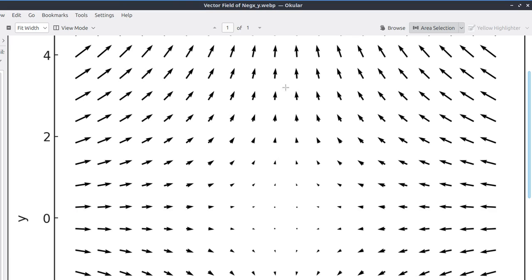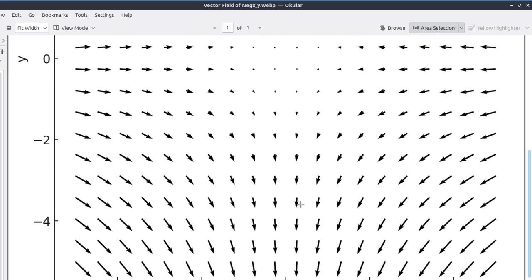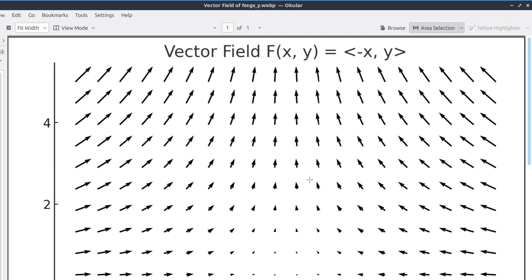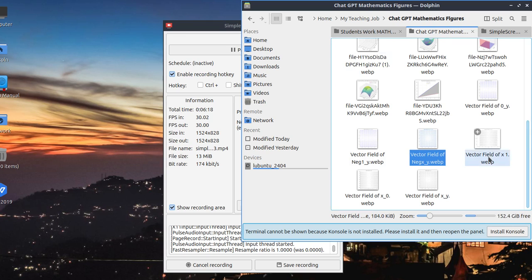You notice, for example, in this vector, x is a small value, so it doesn't move much to the left or right. But y is a large value, so it's very steep, right? So that's the vector field in this case. Let's look at another vector field.